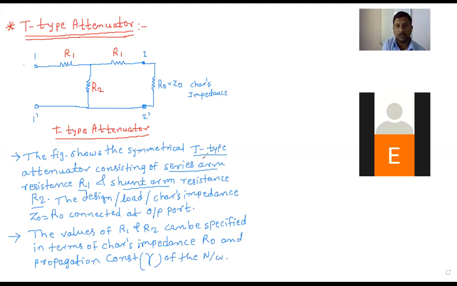Okay, so can anyone tell why we are considering the propagation constant gamma here? Characteristic impedance Z0 is nothing but R0, and propagation constant gamma is equal to alpha. So can anyone tell why we are considering the propagation constant parameter here for the attenuator?